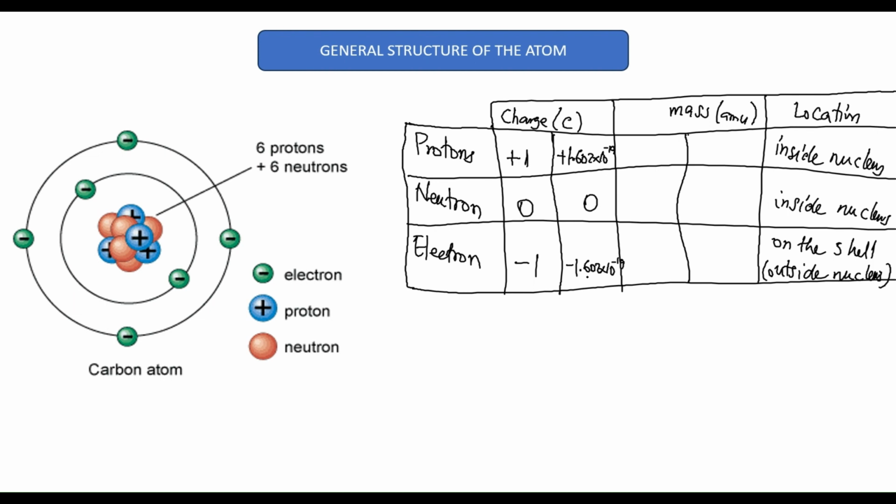So this is the exact charge. You might use it later, but plus one and negative one are what we are going to be using at this level. That's why it's called relative, meaning comparing relative to each other what the charge will be. So relative charge is here and the exact charge is here.